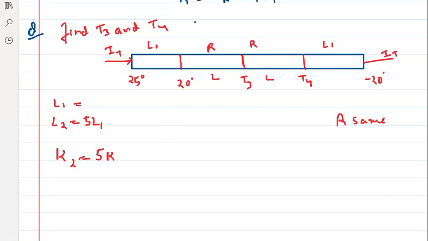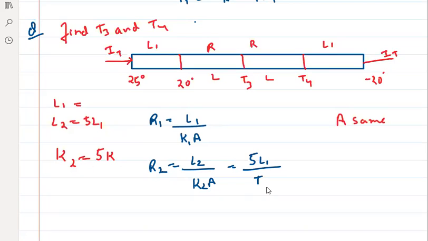So can I say that? Let's try to solve. We know that R1 and R4 are same. So R1 is L1 by K1A. And R2 is equal to L2 by K2A, which is 5L1 by 5K1 into A. So 5 will get cancelled, so ultimately R1 is equal to R2.